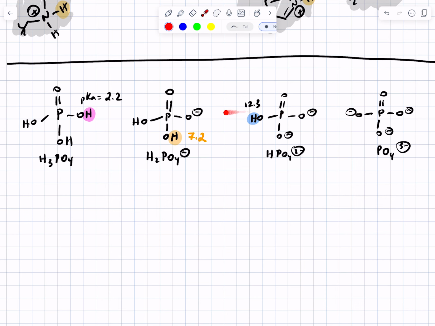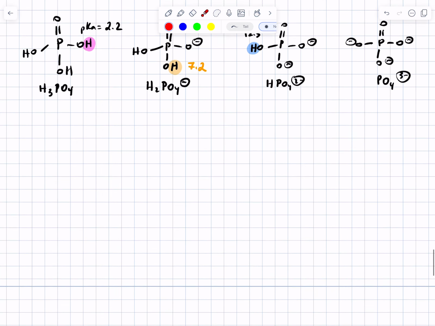So based on these pKa's, you can see that at physiological pH, if pH is 7, there should be basically a 1-to-1 mixture of H2PO4 minus and HPO4 2 minus, right? Should be about 50-50. And that's generally true.